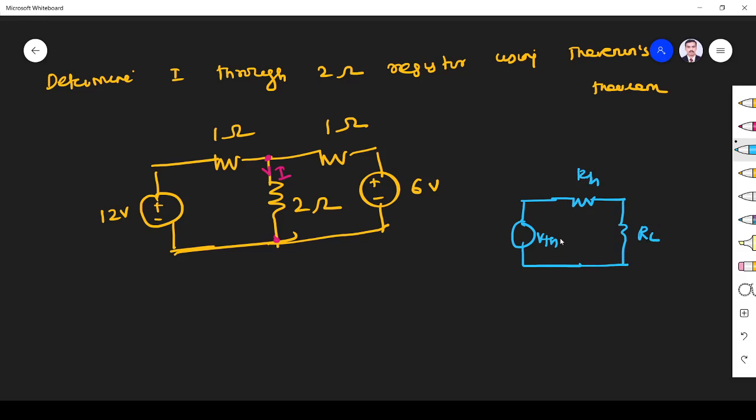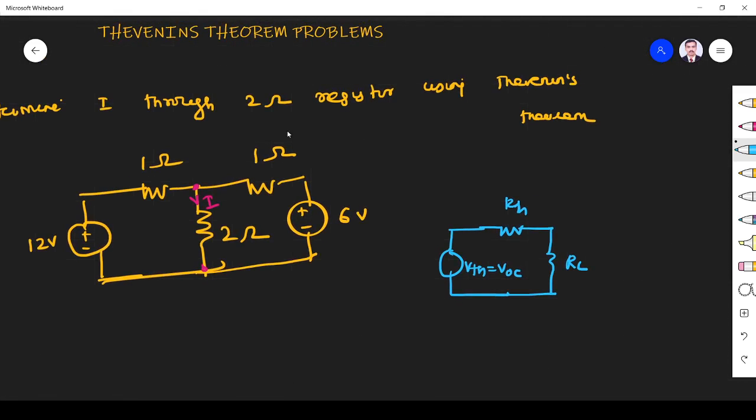So here, what is V Thevenin? It is nothing but open circuit voltage. That is Thevenin's voltage. R Thevenin is equivalent resistance. Let us see how to find all the things. So this circuit can be replaced with only one single voltage source and equivalent resistance. This is considered as our RL because through this only we are going to find current.